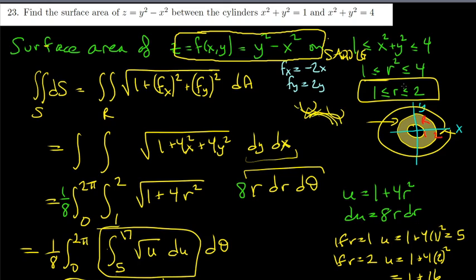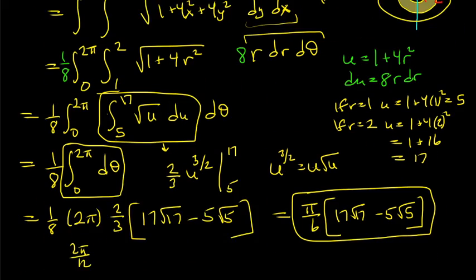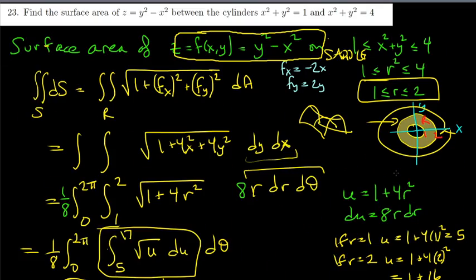Yeah, I can't draw it. Oh, I know, I'm drawing it upside down. It looks like this. Anyways, that's the basic graph of it. So the surface area will just end up being this.